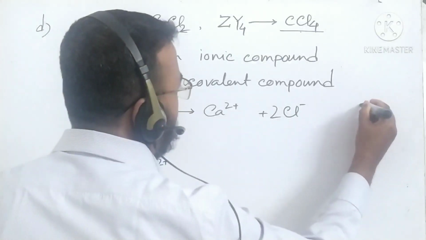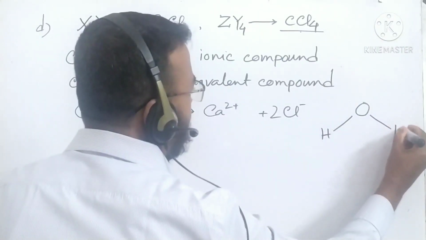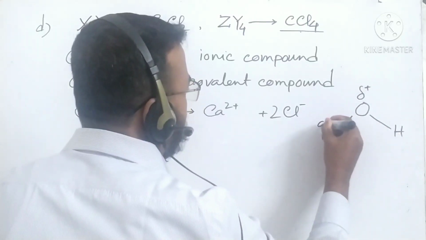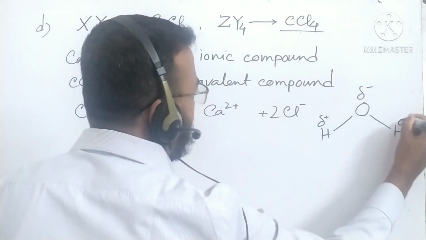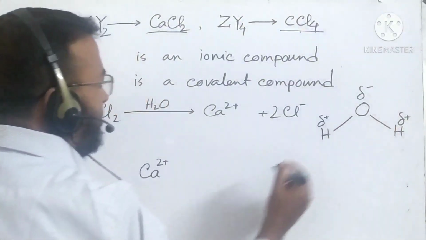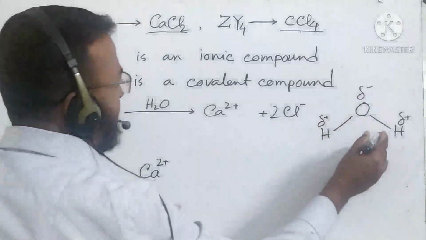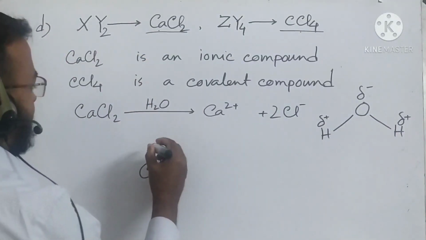Everybody knows that water is like this, hydrogen, so this one is delta plus, this one is minus, and this one is plus. So it is a polar compound. So if the ionic compound is mixed with the polar compound, then it is dissolved like this.